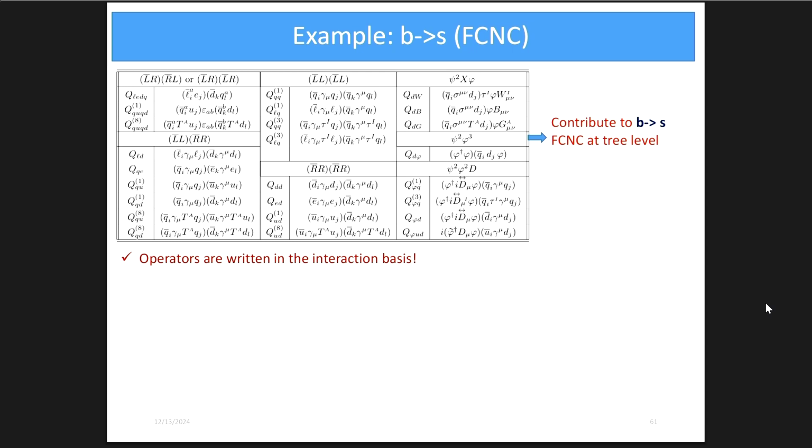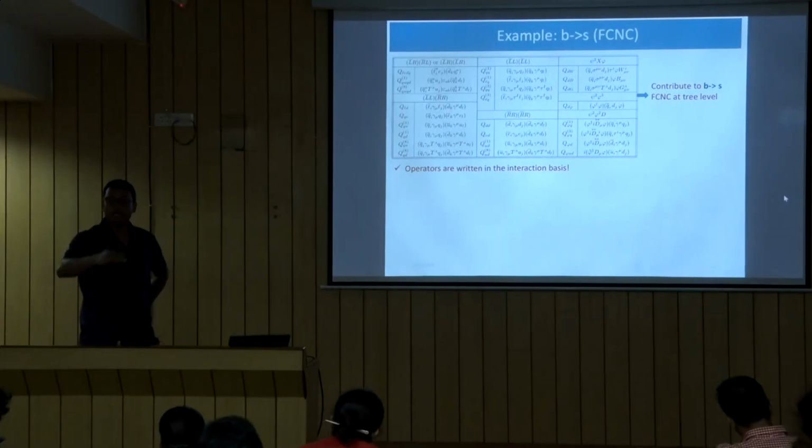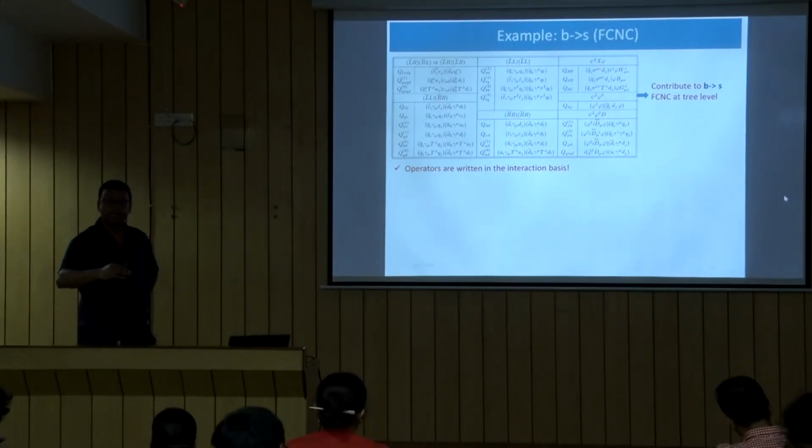So here note that all the operators are written in the unbroken phase, right? So that means the operators are written in the interaction basis, right? So you need to transfer it to the mass basis, because below the electroweak scale you will be doing it in the broken phase, okay?